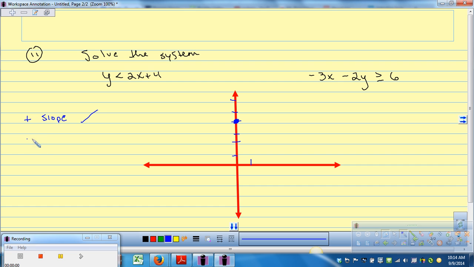Positive slope that way, negative slope is this way. That helps you determine whether you go right or left when you go up and down. So there's that. Will this line be dashed or solid? Dashed. Why? Because it doesn't have an equal to. Does not have the equals underneath the inequality. So it will be dashed.